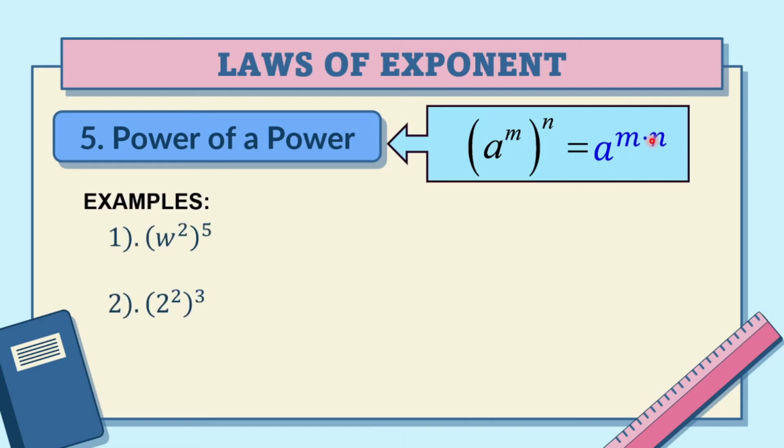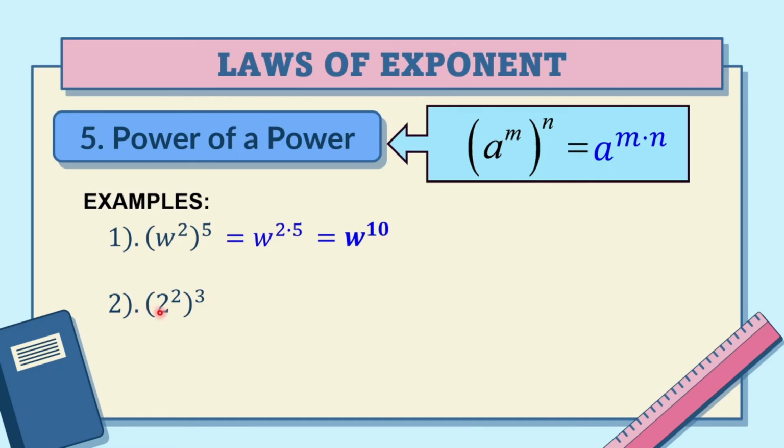Given examples, we have w squared quantity raised to the power of 5. We're going to copy the base, which is w, then multiply the exponents, 2 and 5. Then, we're going to get the product, 10. So, ang final answer is w raised to the power of 10.